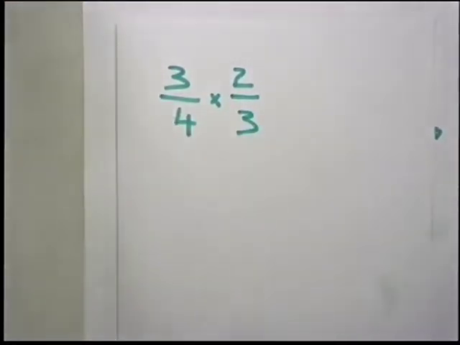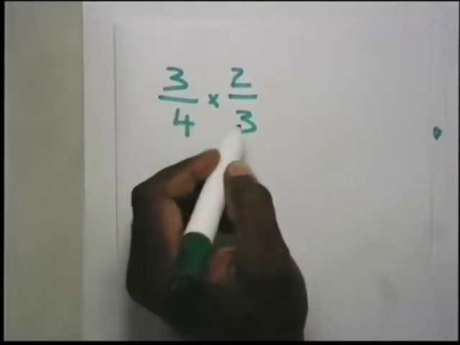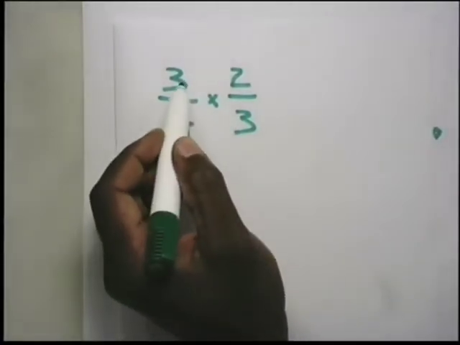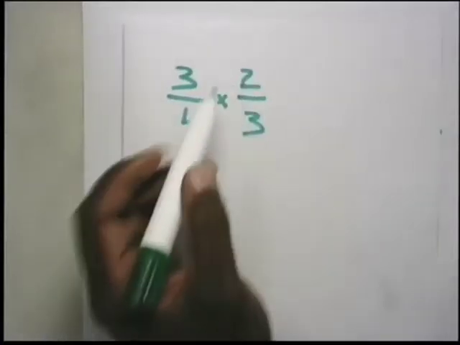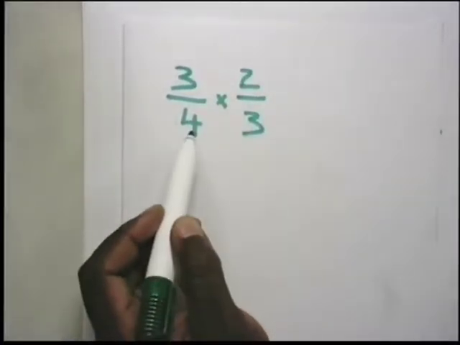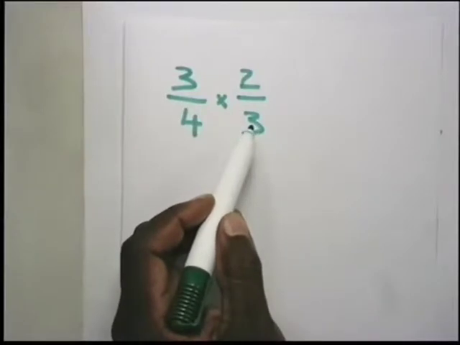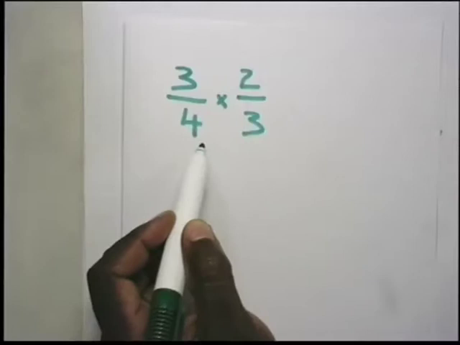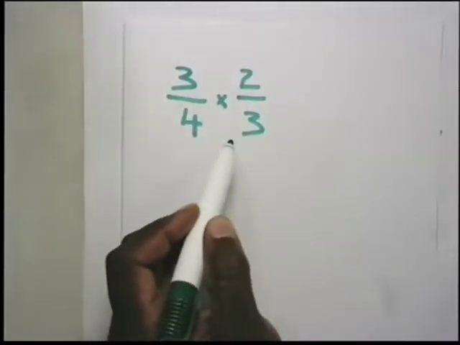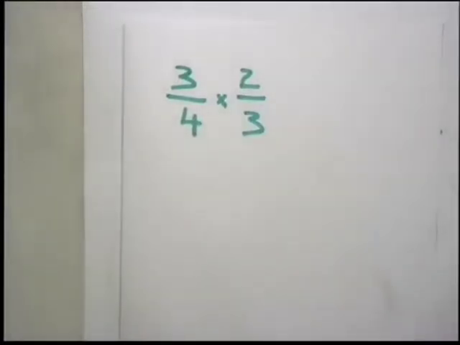As a starting point, when we deal with multiplication of fractions, we multiply the numerator with the numerator, and then we also multiply the denominator with the denominator. We don't have to make the denominators the same. The LCM, or the condition of making the denominators the same, is only applicable to addition as well as the subtraction of fractions.